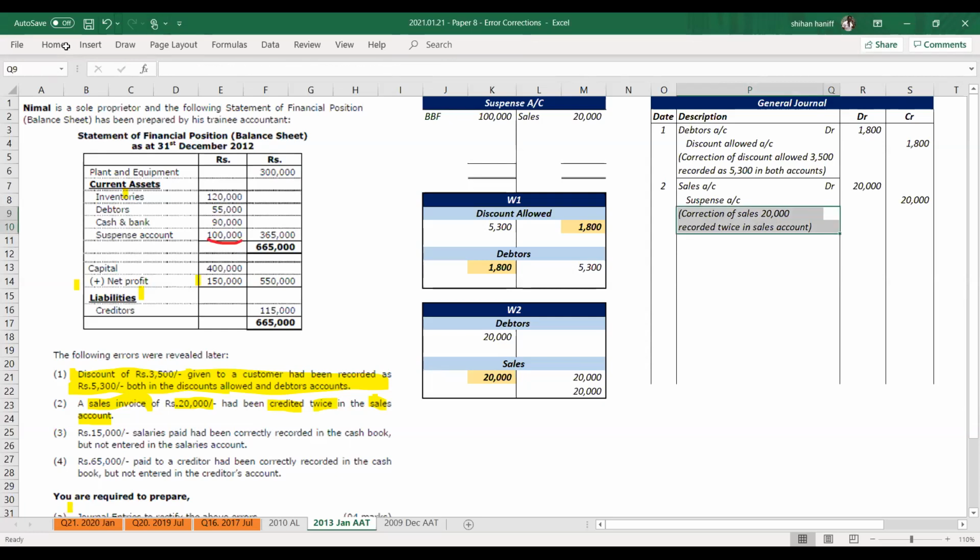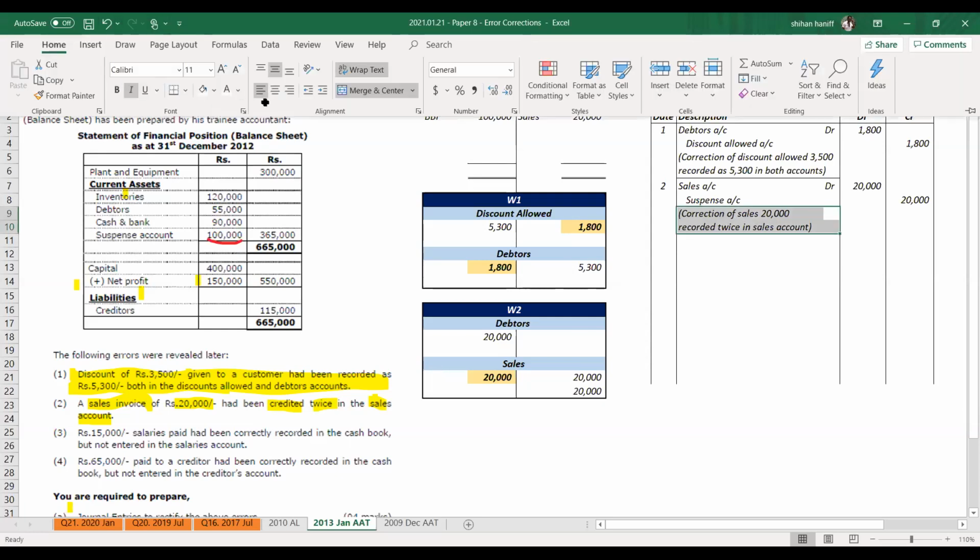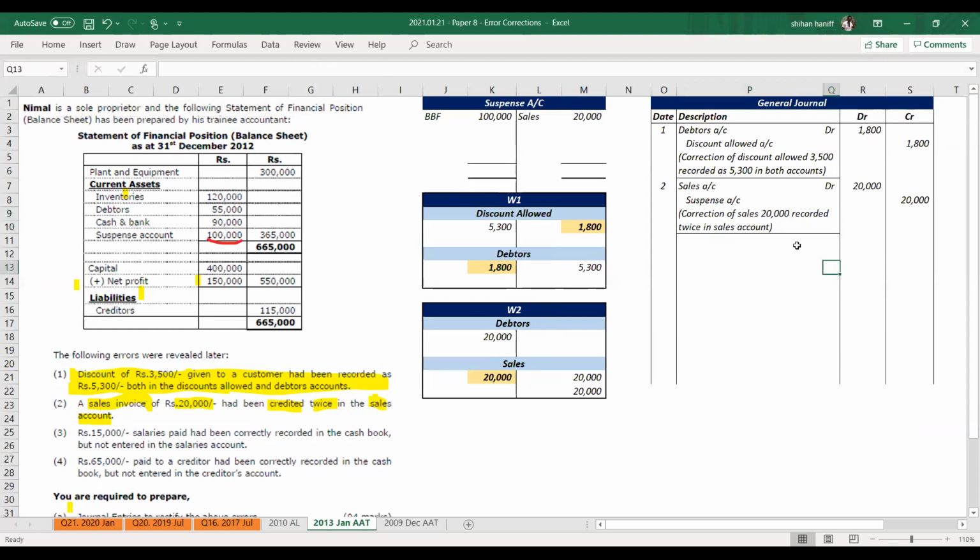Narration: correction of sales 20,000 recorded twice in the sales account. So we deduct 20,000 from the sales account, and the other entry we take to the suspense account. That's number 2.